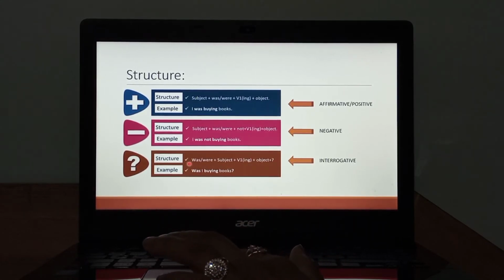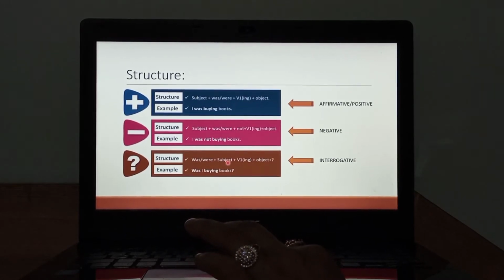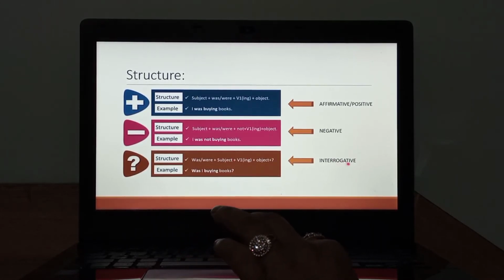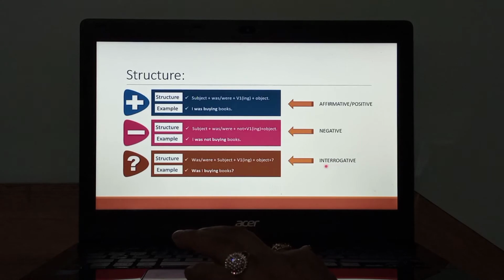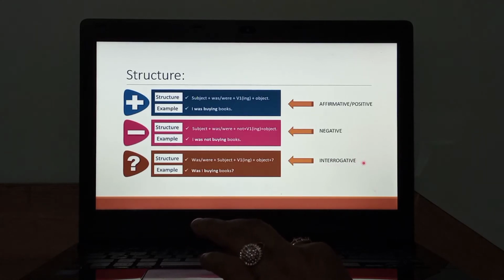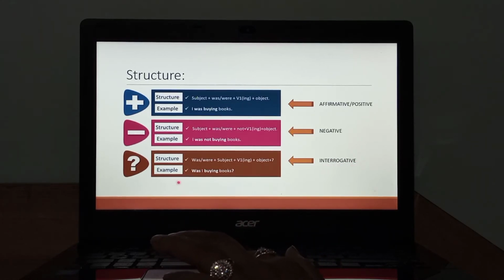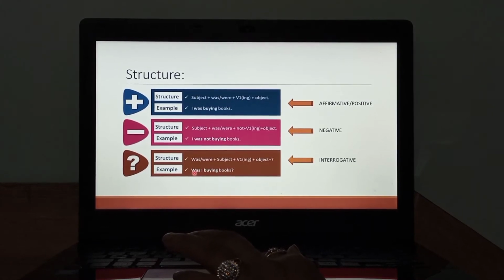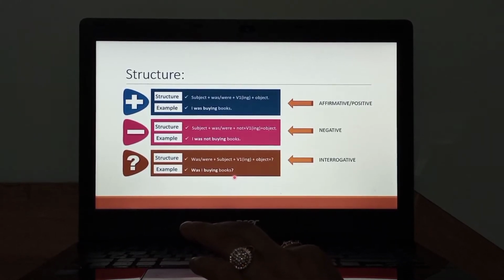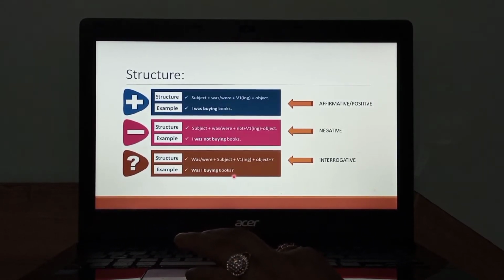In such type of sentence, was or were will come at the beginning of sentence, that is before subject. This is the structure of interrogative sentence. Look at example, was I buying books?